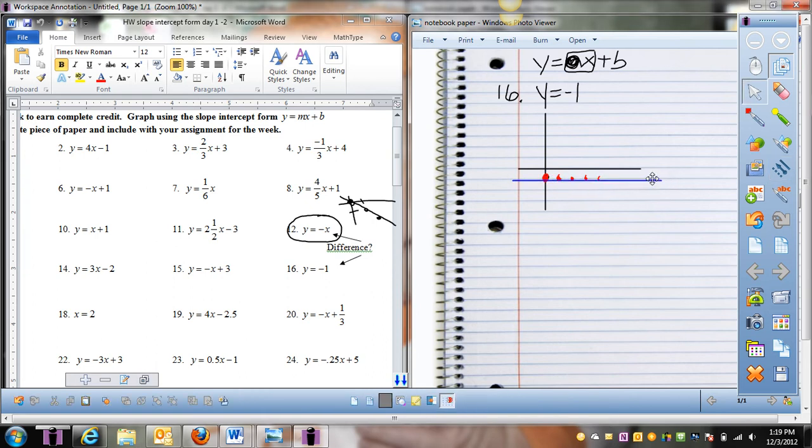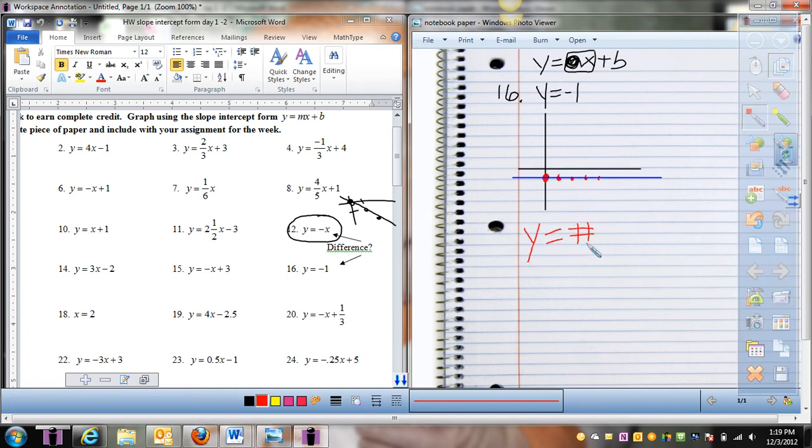Okay, and I drew my line a little bit, missed the dots just a little bit. There we go. Okay, so there we got our horizontal line going through negative 1. So I can give you guys a nice little shortcut to this. When it is y equals, and then just a plain number, it's going to be a horizontal line through that number on the y-axis.